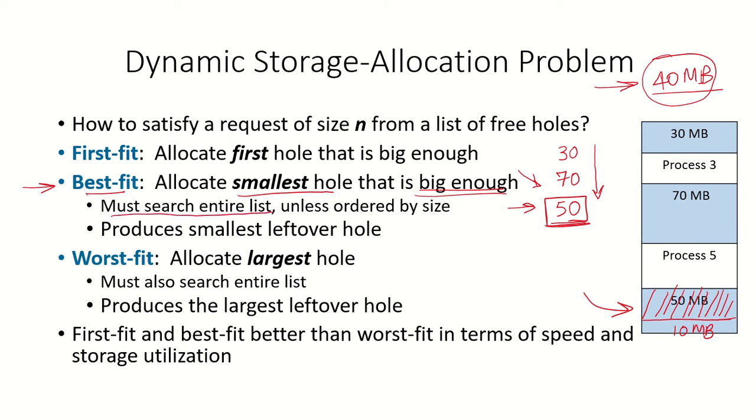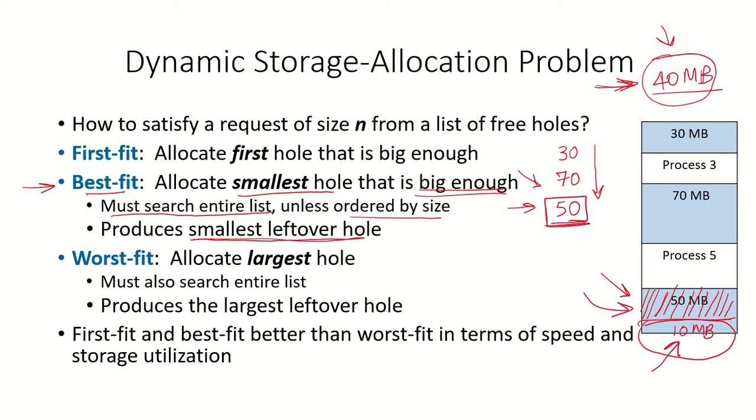The way of handling it is that the list can be ordered by size. So whichever is the first hole which is just large enough for this requirement can be considered. The advantage of using this algorithm is that it produces the smallest leftover hole. We can see that in this hole, when it was given to the process, the leftover hole is only 10 MB.